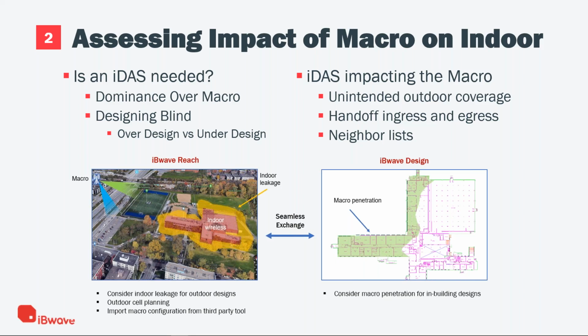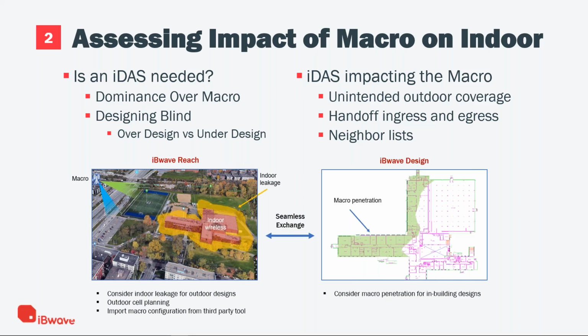And being able to determine how much of that macro network is coming inside the building, and where your antennas or small cells will be placed inside the building. Without knowing how much of that macro environment will encompass or approach the in-building system, you can be designing blind, and in some cases over design or under design your in-building system.